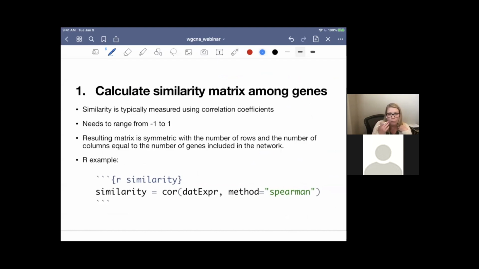So when we go from an expression data set that may have samples along the rows and genes along the columns, by taking the similarity matrix, what we get is a symmetric matrix with rows and columns for each one of the genes in our networks. Each cell in that matrix tells us the relationship or the similarity between those 2 genes.